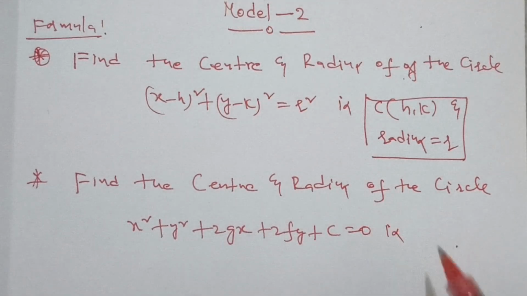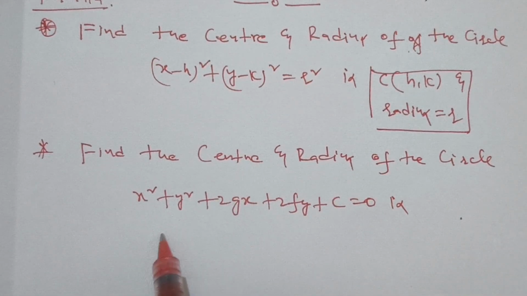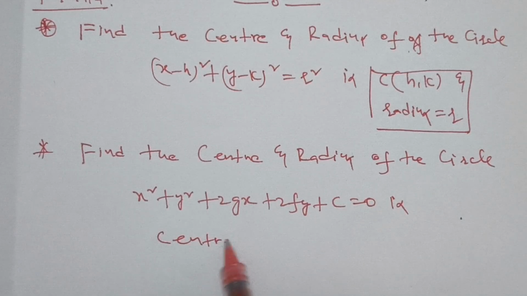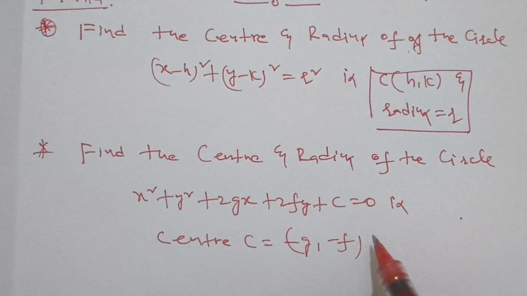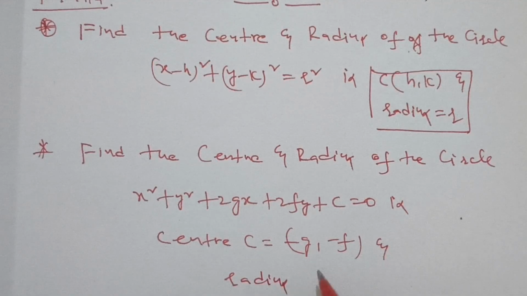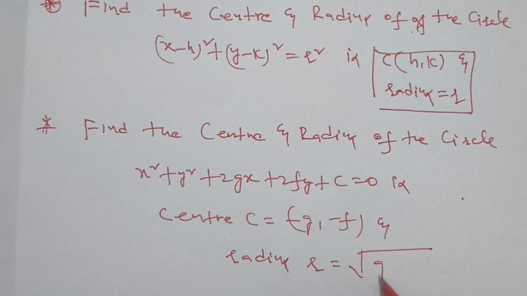If any circle equation is of this form, we have the center C equals minus g comma minus f, and radius small r equals square root of g square plus f square minus c.